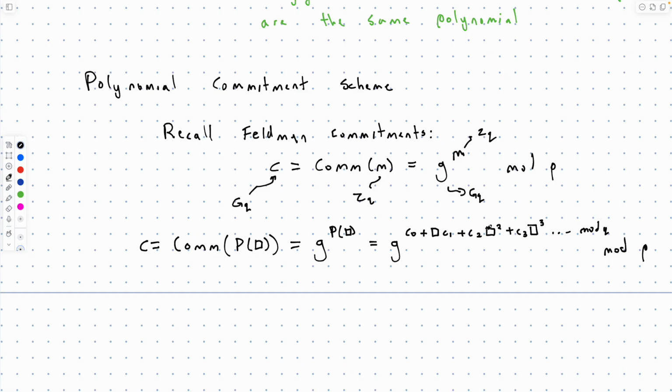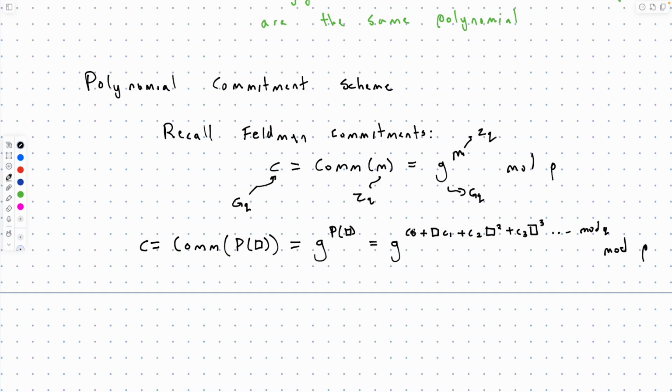Okay, so I could choose polynomials where they all intersect at the value 10. Then they would all have the same commitment, and when I go to open it, I can open it up to whichever one I want. So we can't just pick a value and say that you evaluate the polynomial at this point.